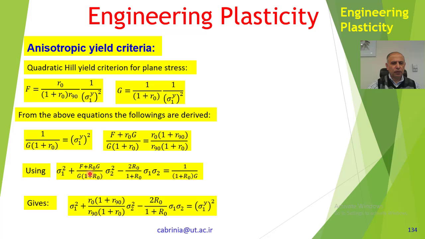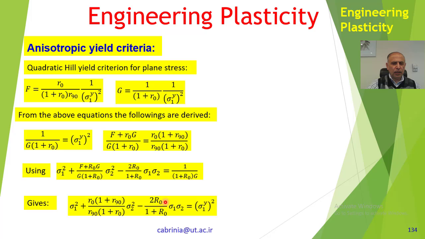Then from this relationship we obtain this by substituting sigma 1y squared for this one and this one for that one. So we get sigma 1 squared plus that relationship, sigma 2 squared, sigma 1 sigma 2 and sigma 1y squared.